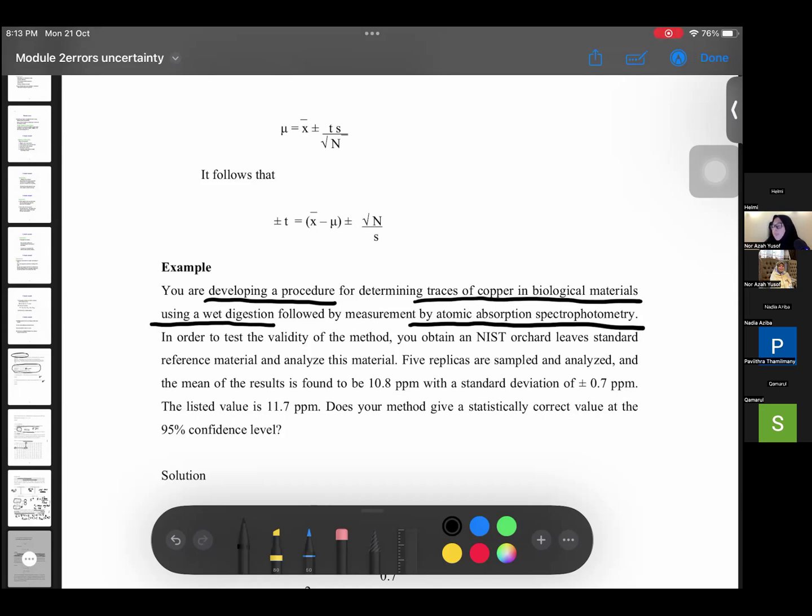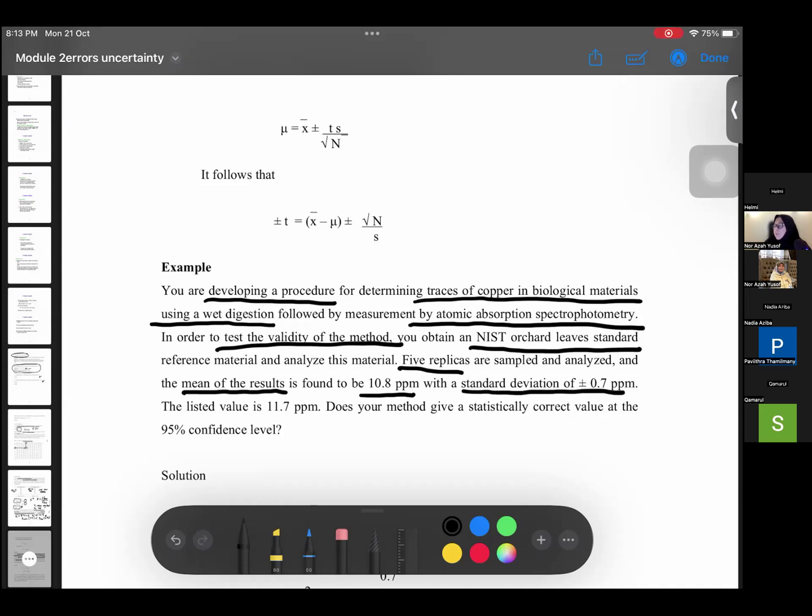In order to test the validity of the method, because in this case you are developing a new method, you obtain a standard material. This standard material means that it is validated, a standard reference material, and you compare the analysis of these two. So 5 replicates are sampled and analyzed, and in this question the mean is calculated for you, which is 10.8 ppm.